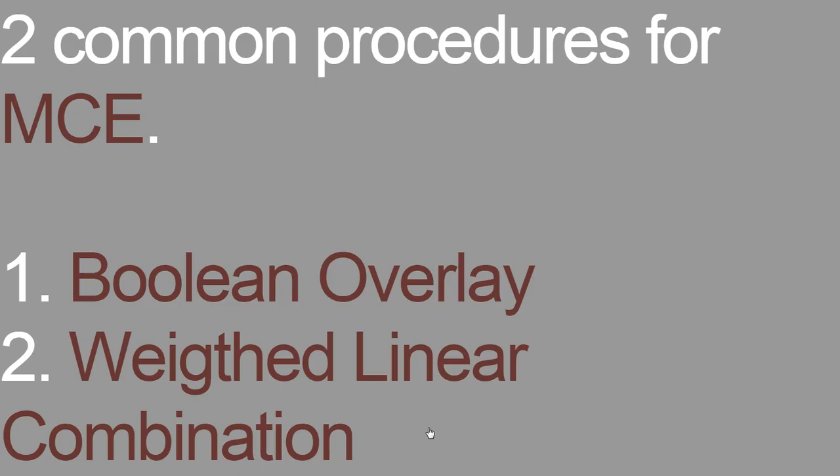So we're familiar with Boolean logic. We used it when we were doing the analysis for Kosovo. And there's also what's called a weighted linear combination. So the difference between the two, in Boolean, we're just talking about a 0 and a 1, a true or a false, or either or. It's a very black and white type of math.